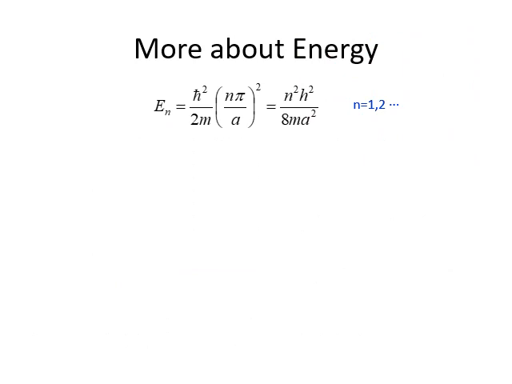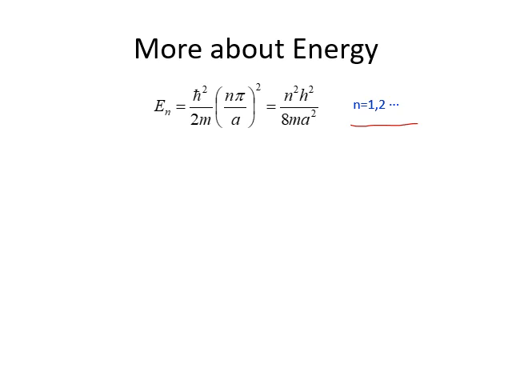Now let's look at the equation for energy: n squared h squared divided by 8ma squared, in which n can be 1, 2, 3, 4, an integer. So what is the lowest energy? The lowest energy is when n equals 1. The important thing to realize is that the lowest energy is not 0. This is very different from what we see in everyday life.